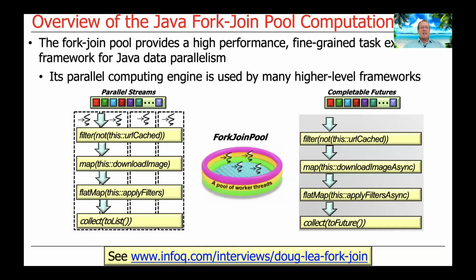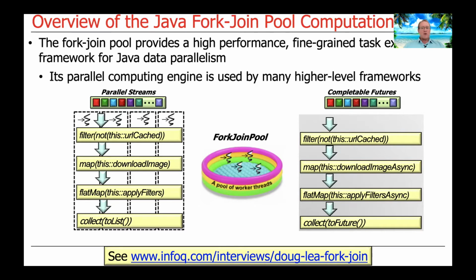It also provides a parallel computing engine that's used by other higher level frameworks that are part of modern Java. For example, Java Parallel Streams uses the common fork join pool, which we'll talk about later, as its parallel execution engine.